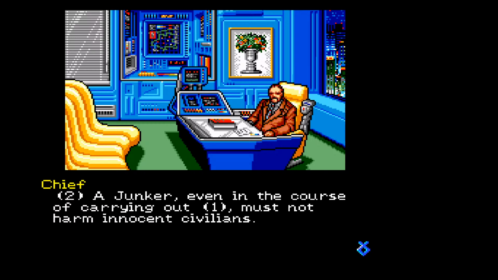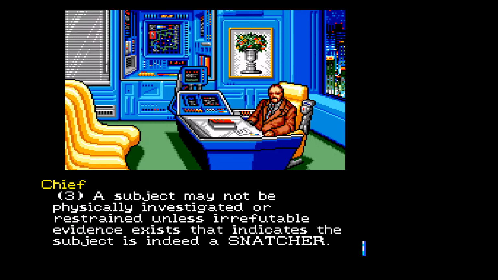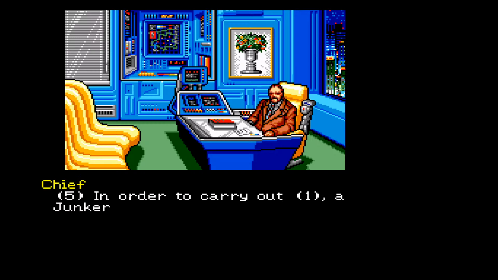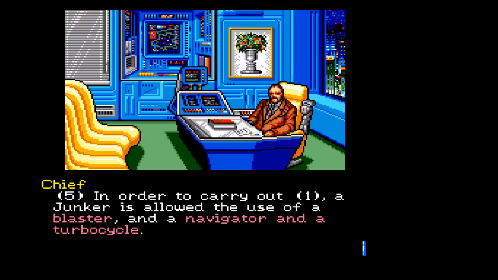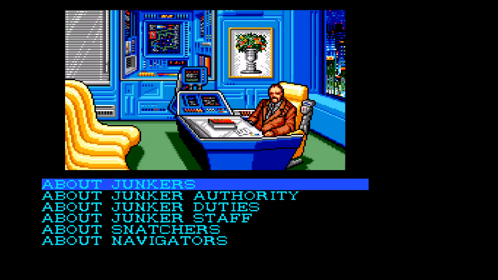A Junker, even in the course of carrying out number 1, must not harm innocent civilians. 3. A subject may not be physically investigated or restrained unless irrefutable evidence exists that indicates the subject is indeed a Snatcher. 4. A Junker is required to assist and support civilian bounty hunters. 5. In order to carry out number 1, a Junker is allowed the use of a blaster, and a navigator and turbocycle. Those are the 5 rules. Okay.